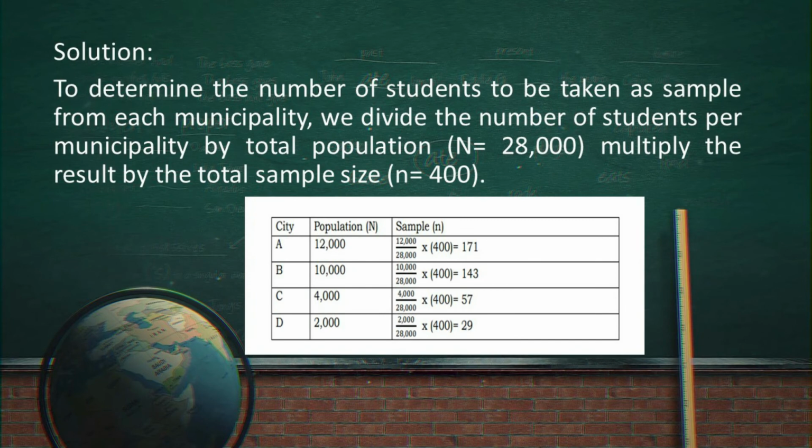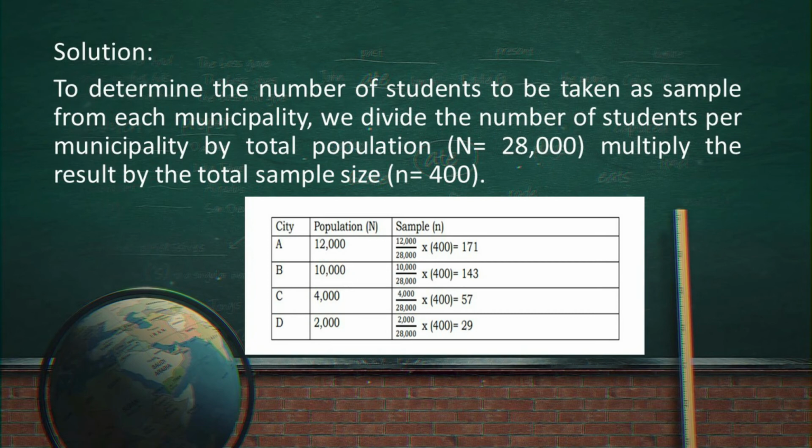To determine the number of students to be taken as sample from each municipality, we divide the number of students per municipality by the total population, which is 28,000. Multiply the result by the total sample size, 400. So for example, Los Baños has 12,000 students.